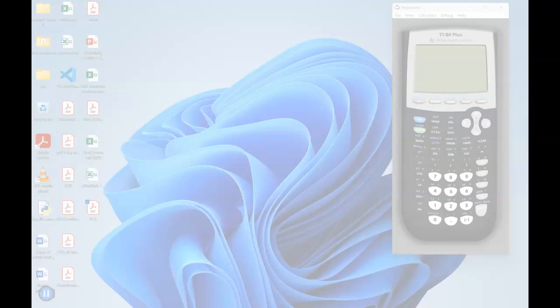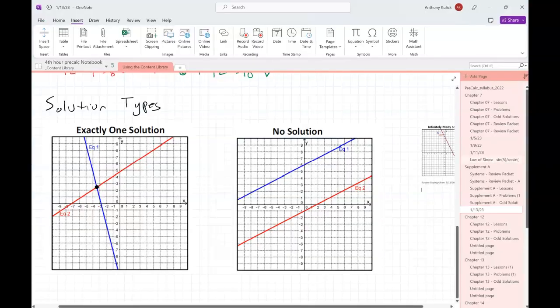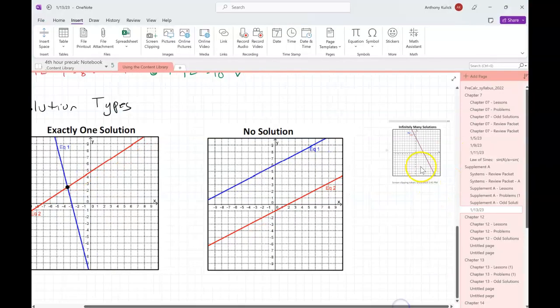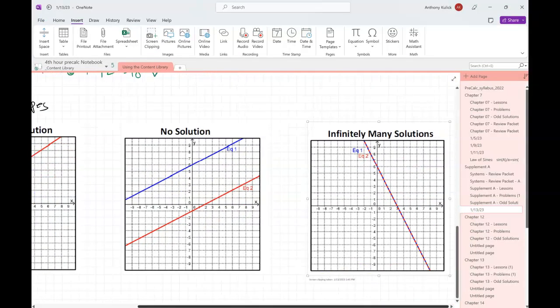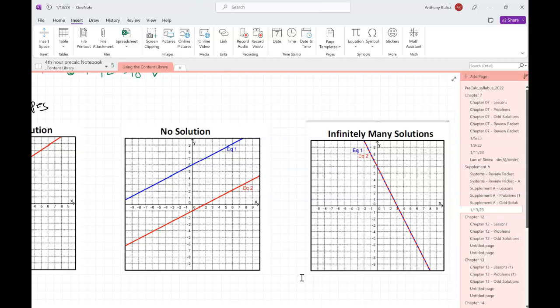If they are the same line, how many times do they intersect? Infinitely many. Very good. So if the 2 lines are coinciding or overlapping, every point on the line is a point of intersection. There's infinitely many points on the line, so there'd be infinitely many solutions to that system.